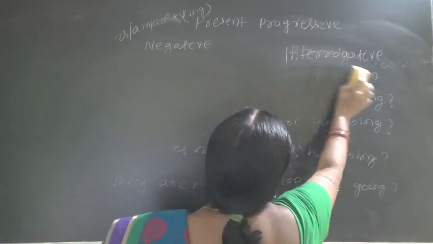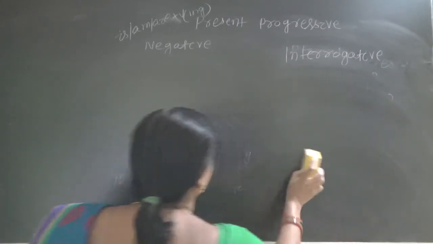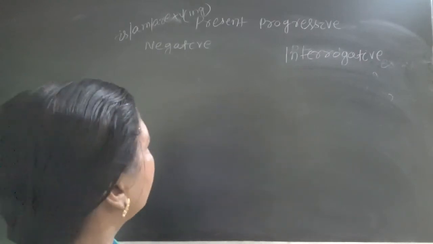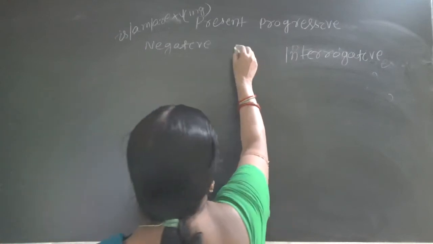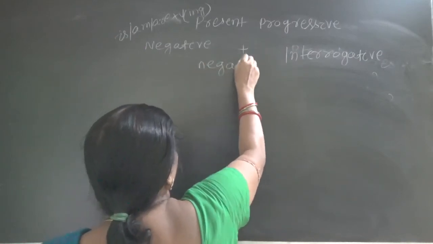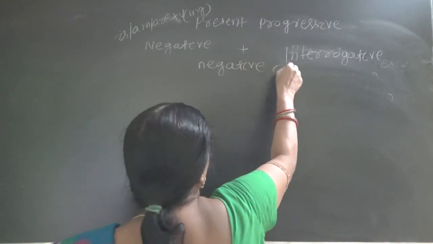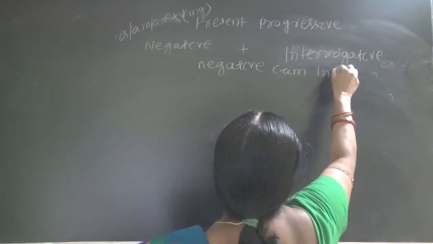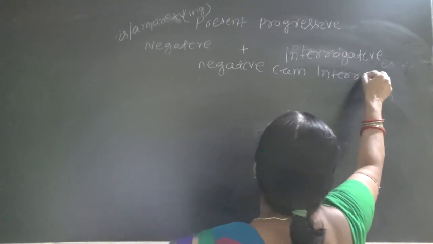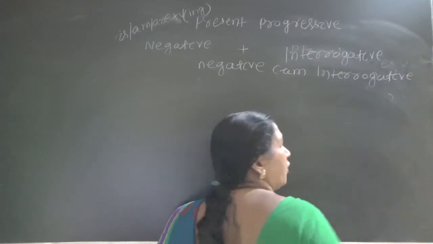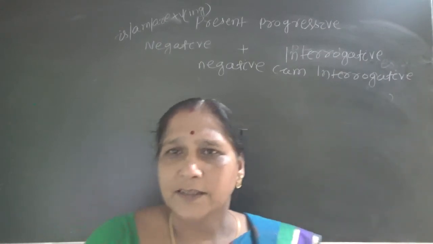Then we will mix negative with interrogative. That means negative com interrogative, both negative as well as interrogative.